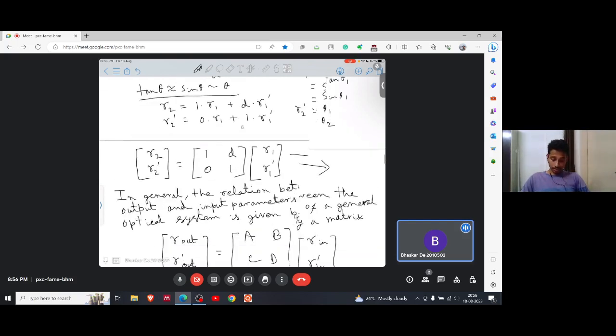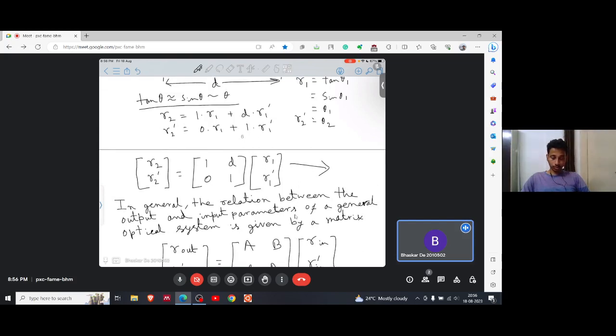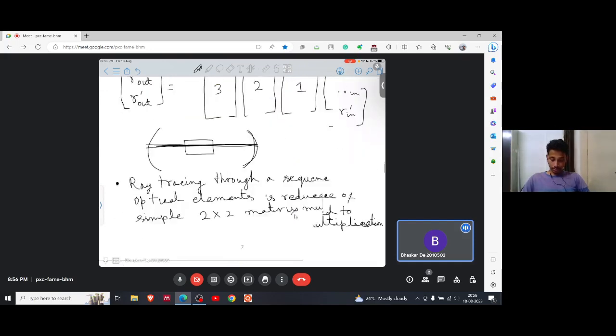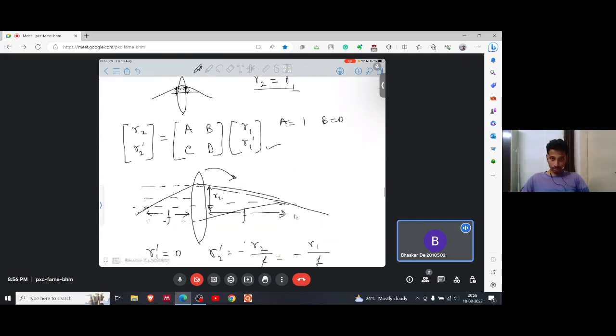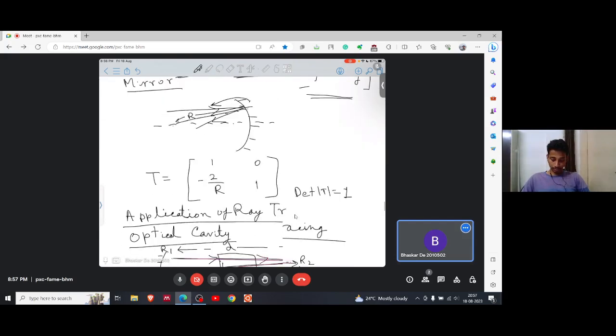By constructing this simple 2 cross 2 matrix for a certain event, like transmission through a dielectric medium of distance d, or transmitting through a lens, or reflecting from a concave mirror, which we can think of as an equivalent lens transmission, we can apply this ray tracing to the optical cavity.